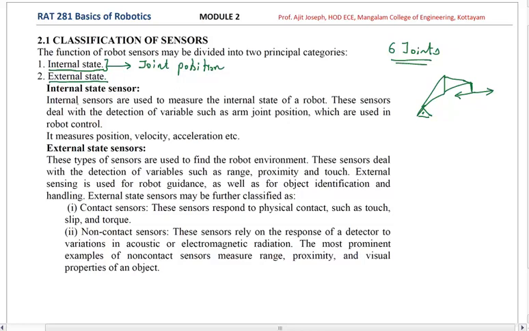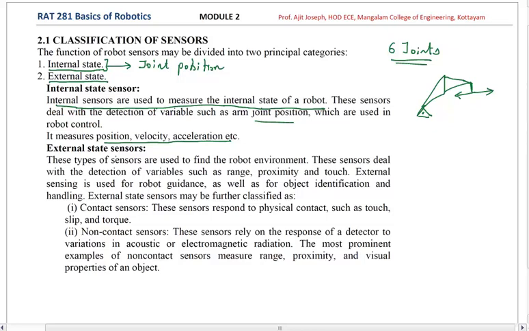That's why it is written here: internal sensors are used to measure the internal state of a robot. They mainly give the internal state of the joint or the joint position. So it measures the position, the velocity, the acceleration of the end effector, etc.